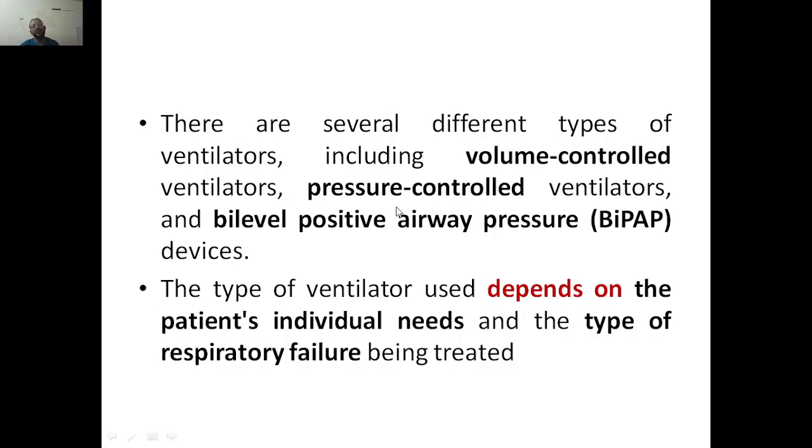Whenever we need both things to be controlled, we use bi-level positive airway pressure. So the type of ventilator depends on the patient's individual needs, and also on what kind of respiratory failure, what kind of disease the respiratory system has got.